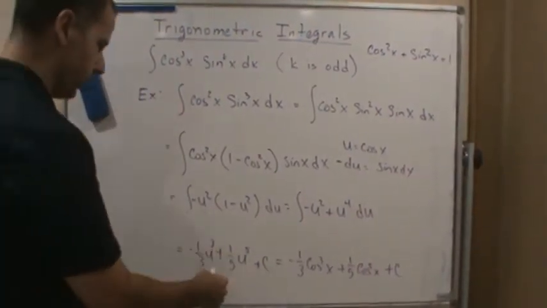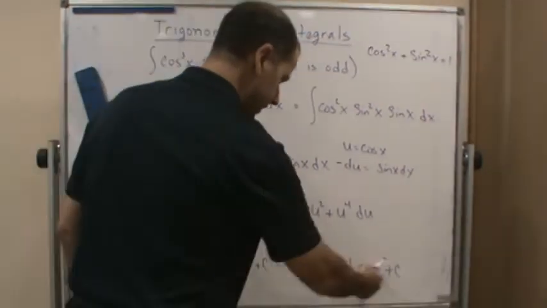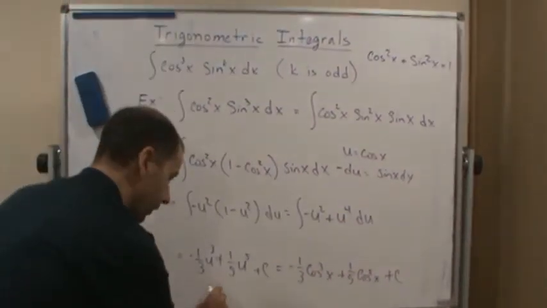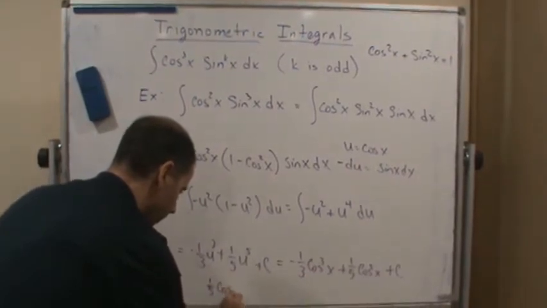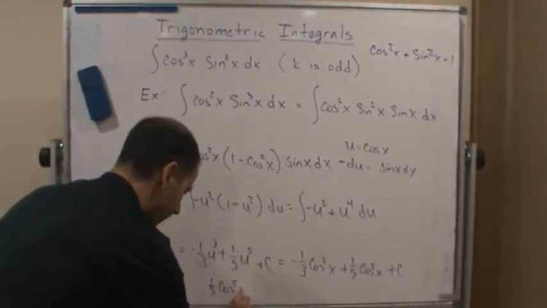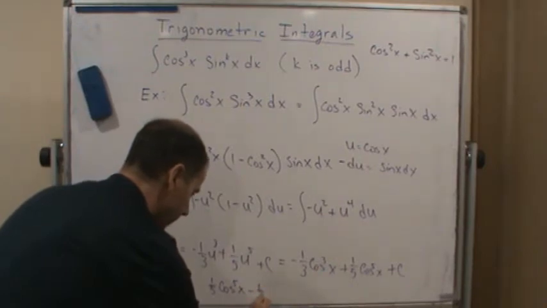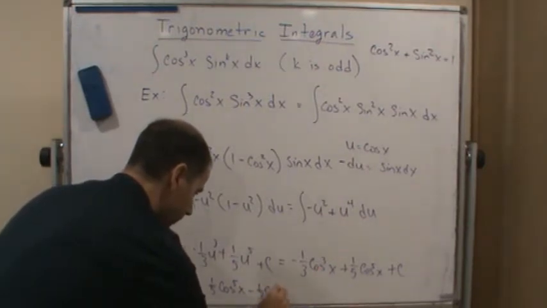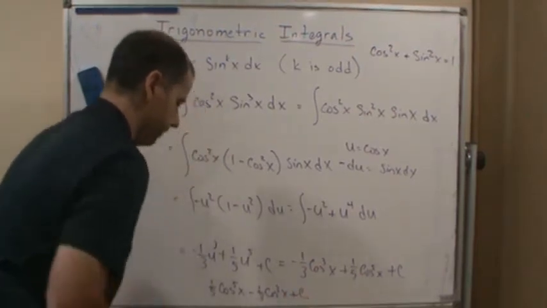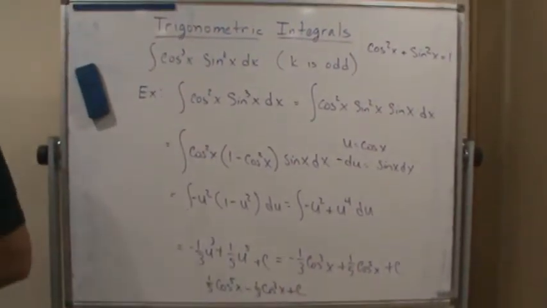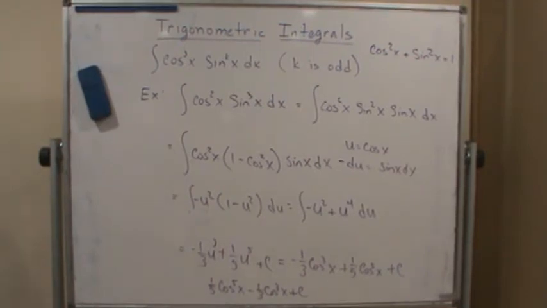And again, if you want to rearrange this so that it's in decreasing powers, then it would be 1/5 cosine to the 5th power x minus 1/3 cosine cubed x plus c. And that would be your final answer.